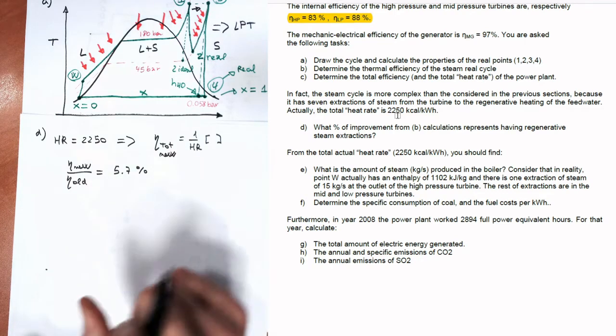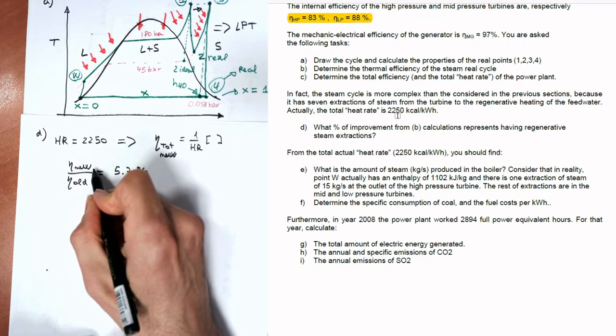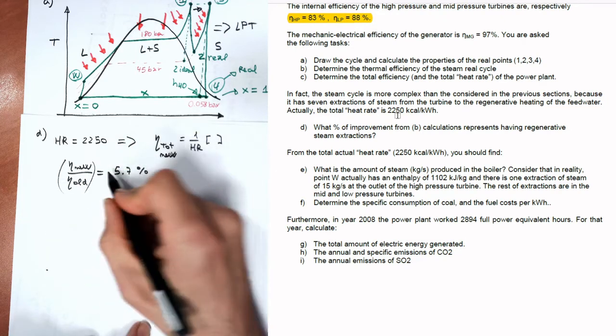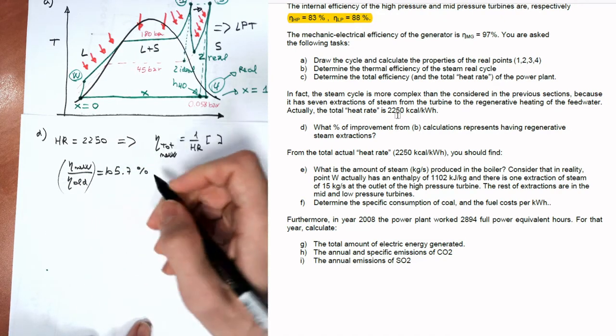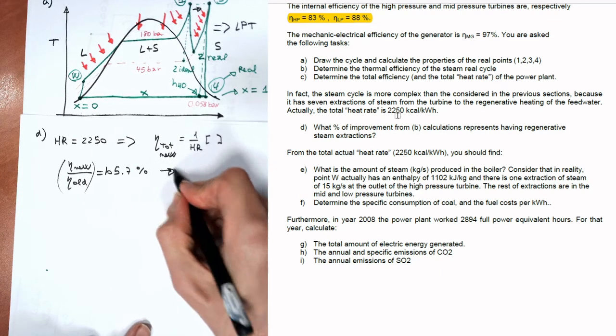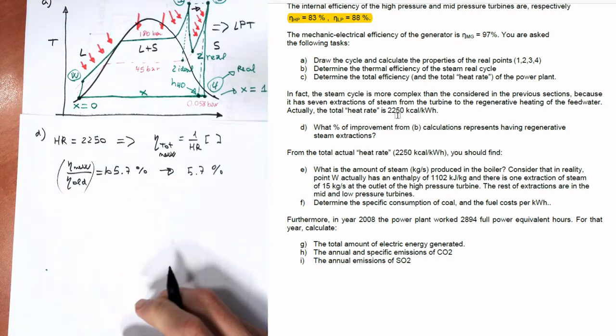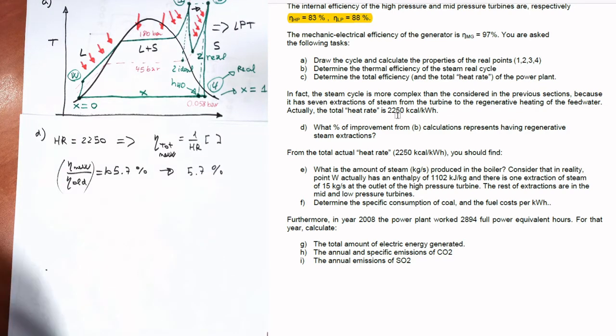Of course, this is minus 1. This is 105.7, so the improvement is 5.7%. Okay, question E.